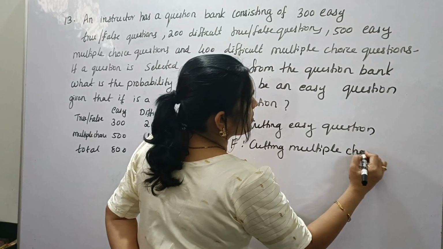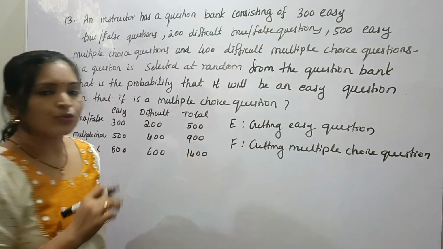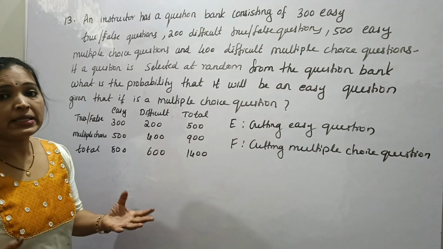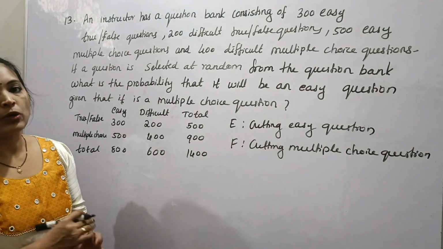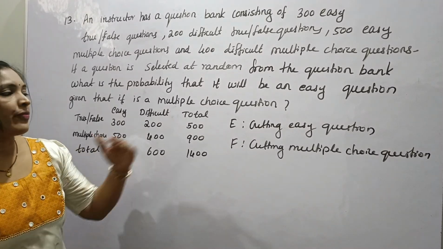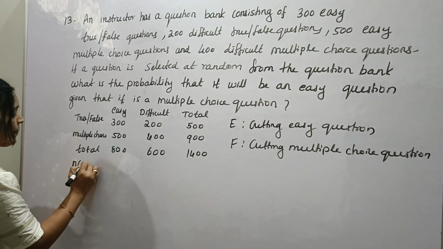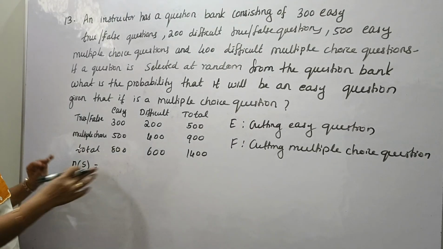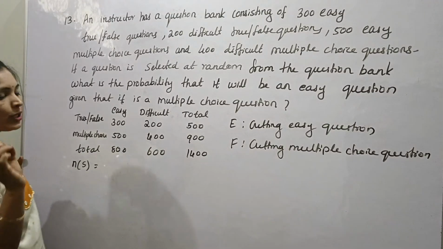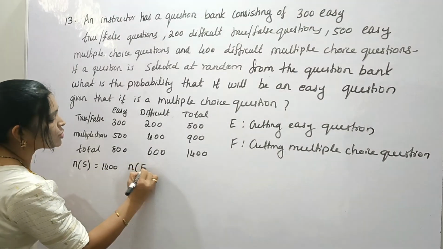Now we have to find the probability of E given F. Here we cannot write the possible outcomes of E and F, but we can write the number of elements of F and E. What is the total number of elements in the sample space? That is 1400, because there are 1400 questions in total.